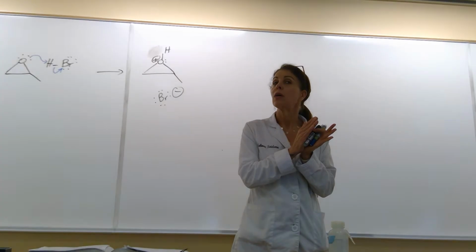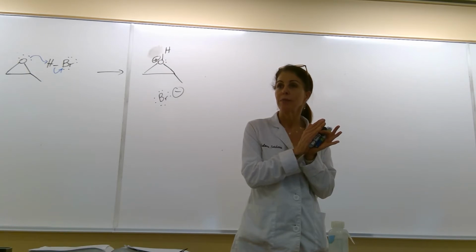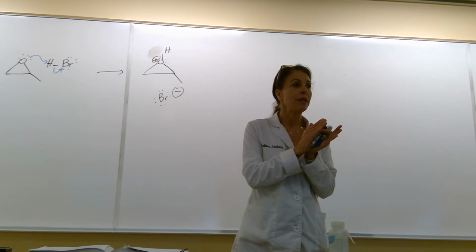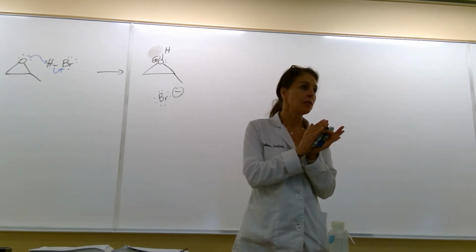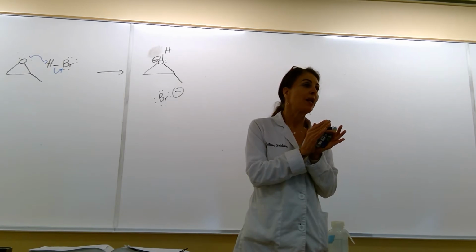They're unstable due to the restriction of the angle. So they have an sp3 carbon that is supposed to be what? 109. 109, but it has an angle of 60. So what do we call that? We call it angular strain or ring strain.